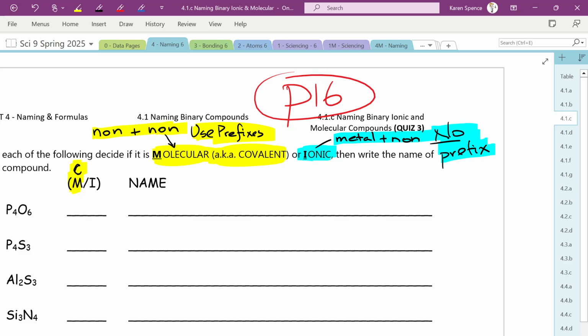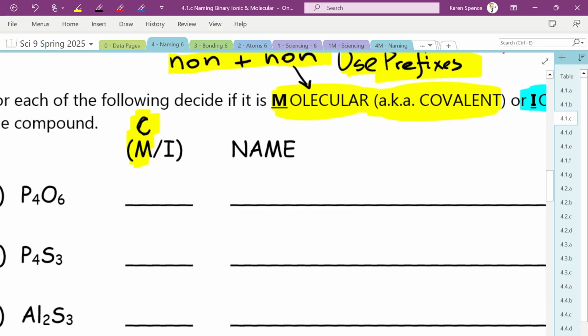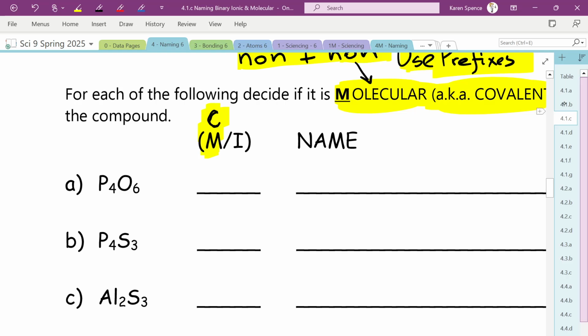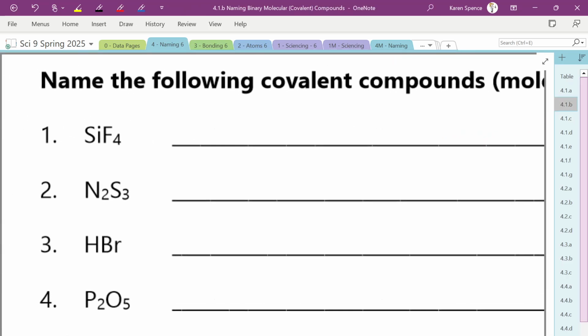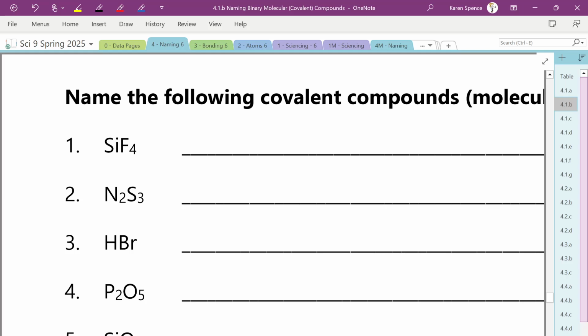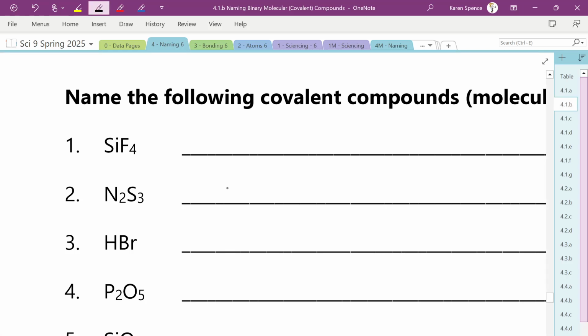Oh, folks, I just wanted to point out, please try not to have capital letters in the middle of your word. So if you have, for example, number 2 here, not diNitrogen like this, but just di-nitrogen.